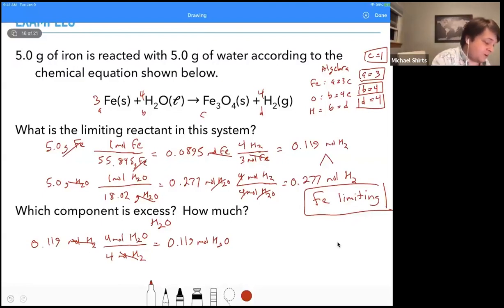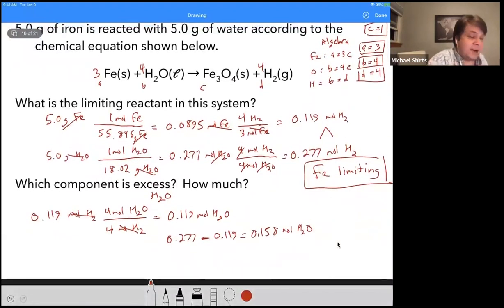How much did we start with? We started with 0.277 minus 0.119, which gives us 0.158 moles H2O. That's how much H2O is still sitting around. It didn't react. So now we just multiply that by the molar mass. 1 mole of H2O, 18.02 grams of H2O, and the moles of H2O cancel out.